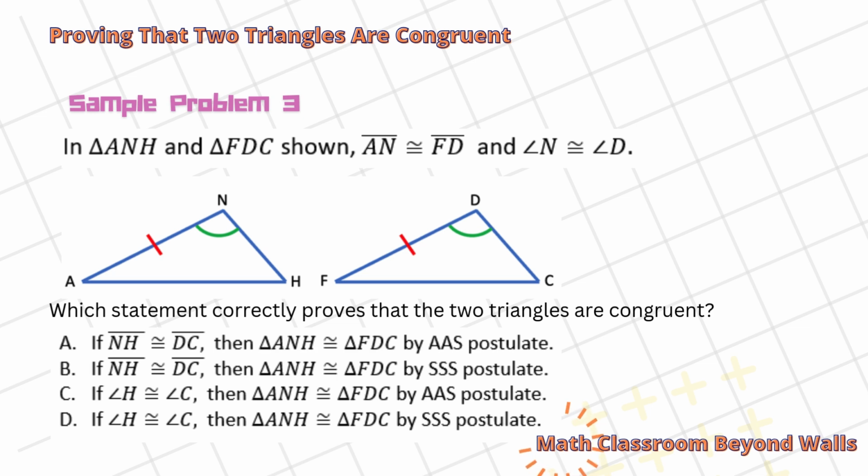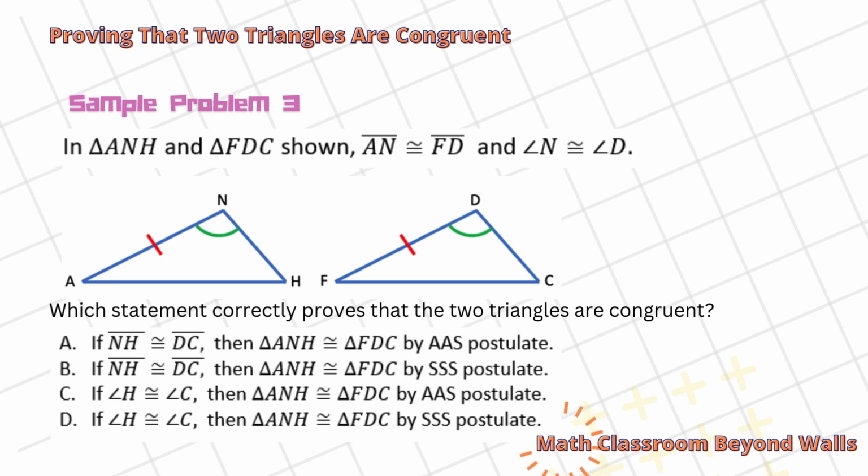Option B, if side NH is congruent to side DC, then triangle ANH is congruent to triangle FDC by SSS postulate. Option C, if angle H is congruent to angle C, then triangle ANH is congruent to triangle FDC by AAS postulate. And option D, if angle H is congruent to angle C, then triangle ANH is congruent to triangle FDC by SSS postulate.